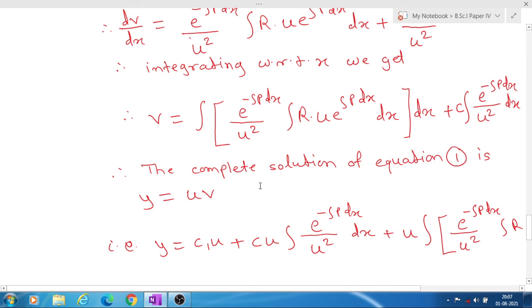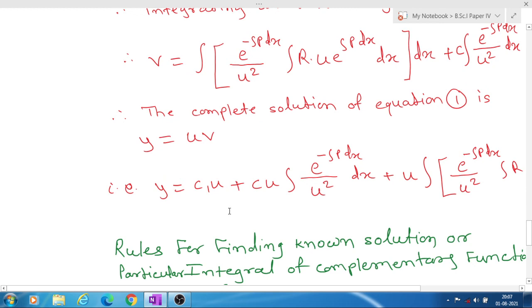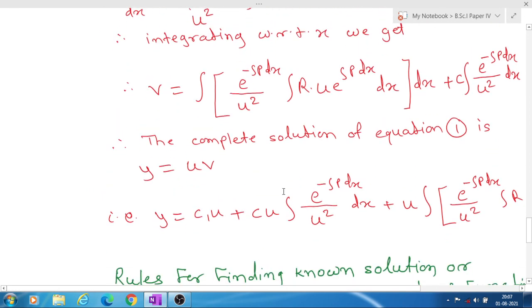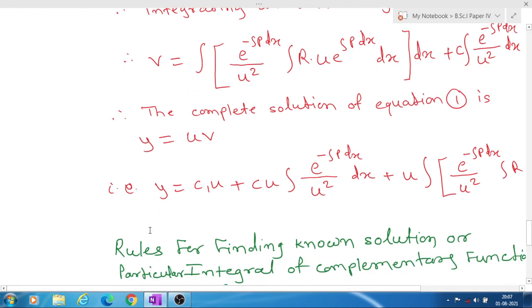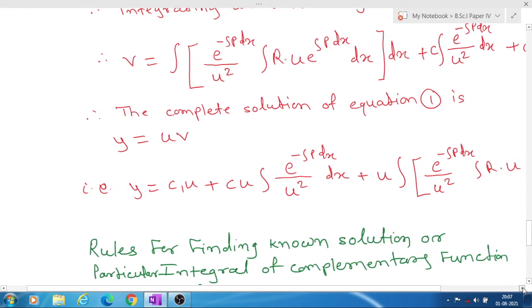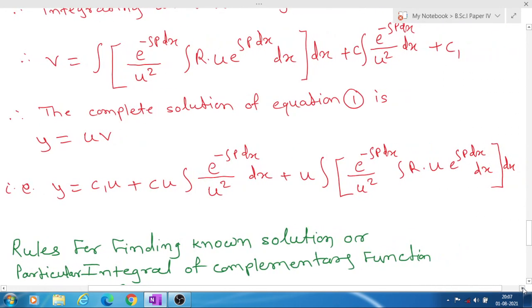Now u is a known solution, so we can write the complete solution as y is equal to u into v. Multiplying this v by u, we get the solution.